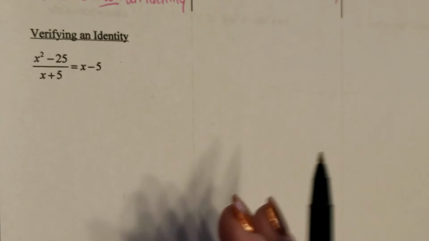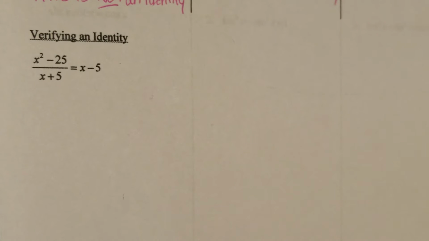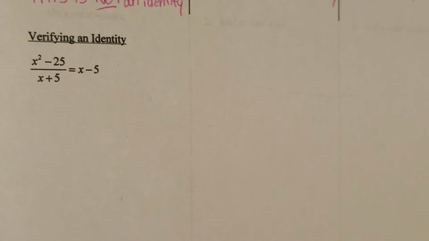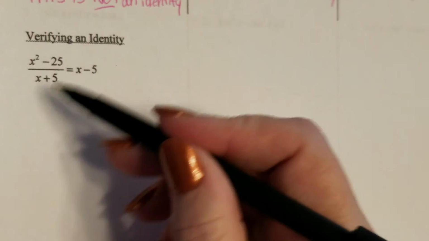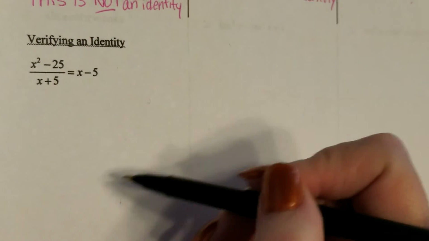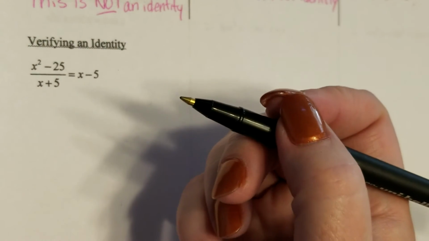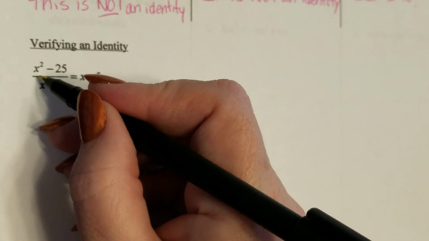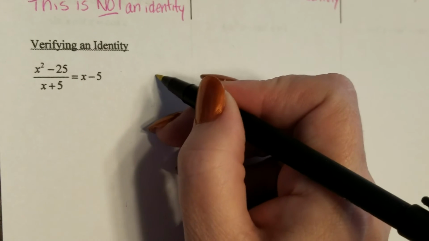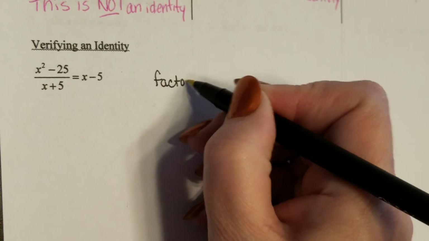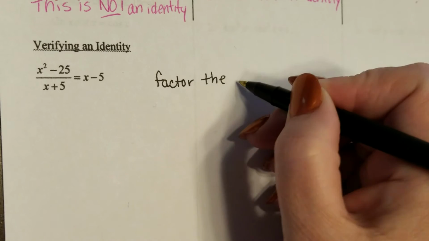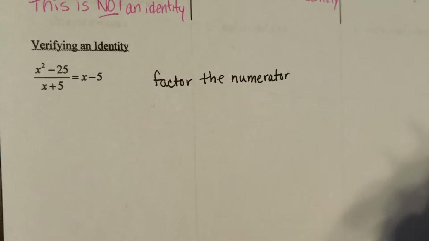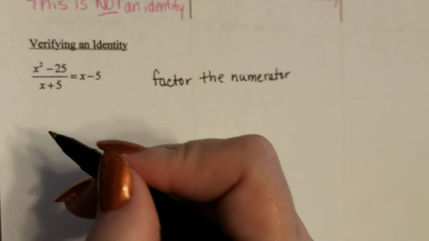So we're given an algebraic equation, and what we want to do is verify that this is a true statement. We're going to keep solving, manipulating this until we get something that is equal to each other. So the first thing I'm going to do is factor the numerator. x squared minus 25 is the difference of squares.